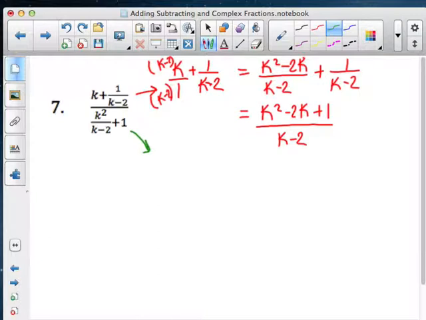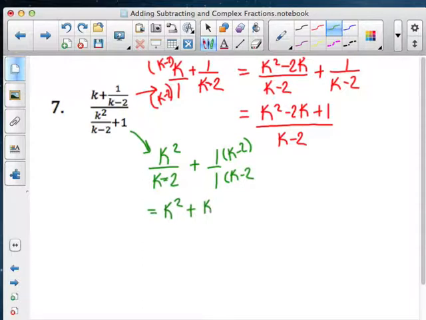Denominator, here we come. So k squared over k minus 2 plus 1. So I know I need to multiply by k minus 2 here. And so that gives me k squared plus k minus 2 all over k minus 2. So here's my numerator.